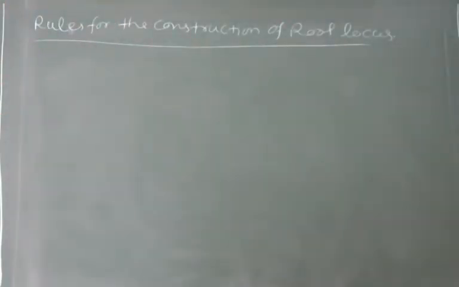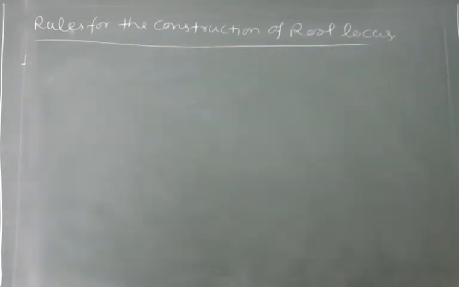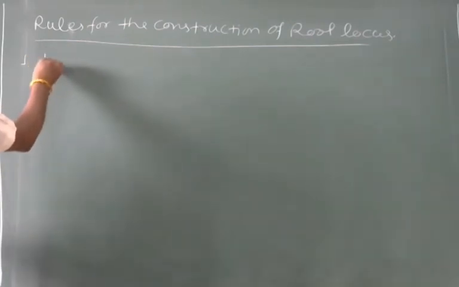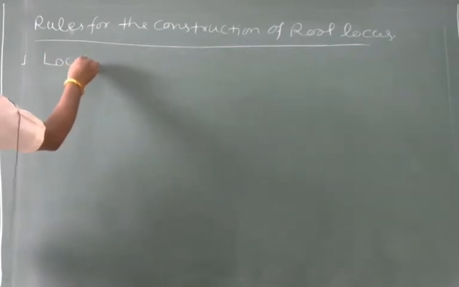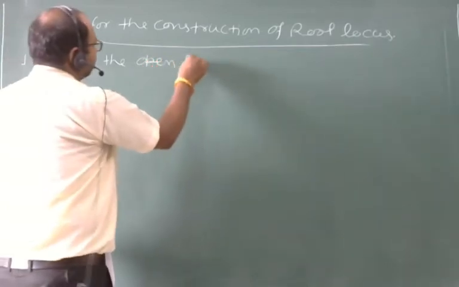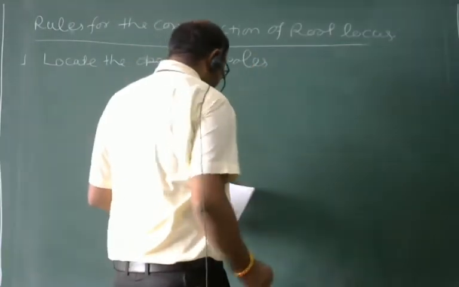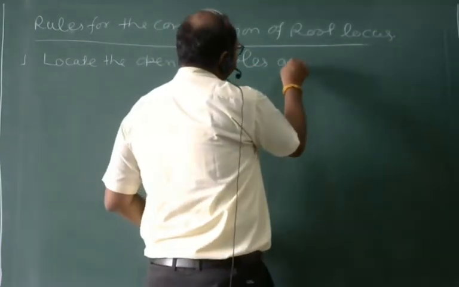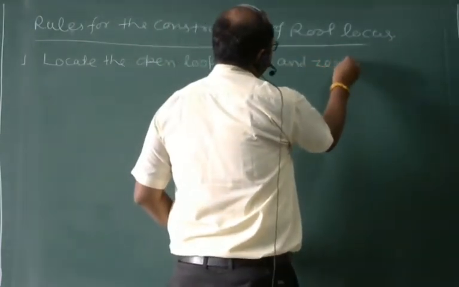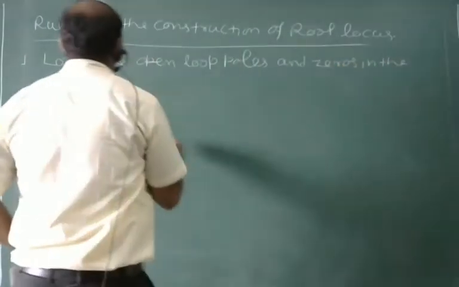So, step 1 or rule 1: locate the open loop poles and zeros in the S plane.